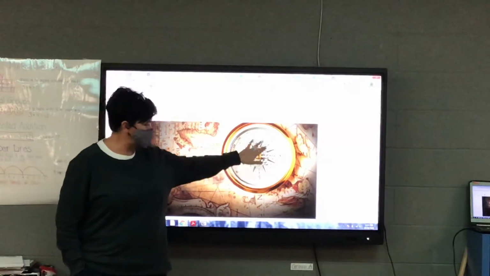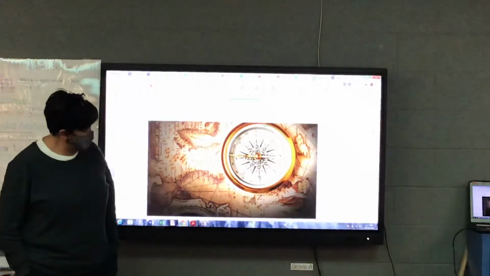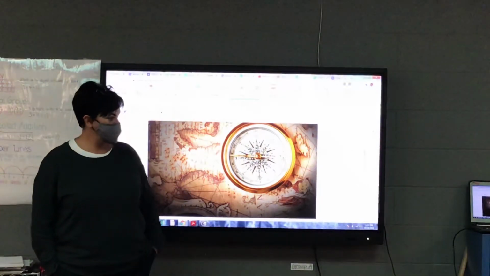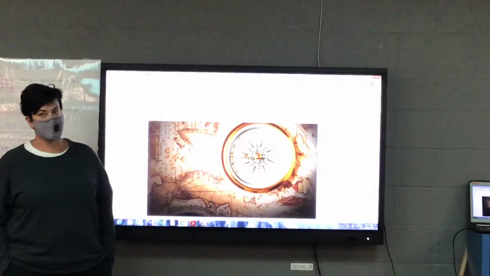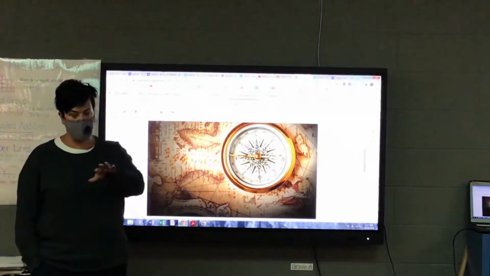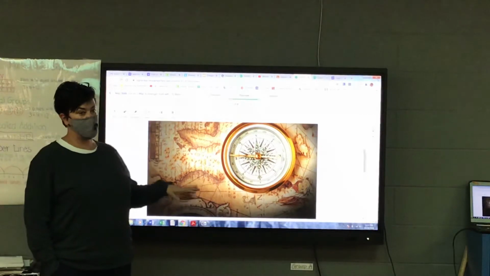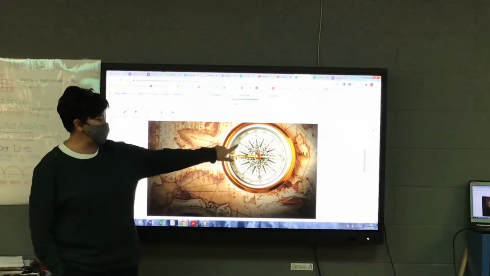It has all these cool little triangle things, doesn't it? It has like southeast, northeast, northwest, and southwest. Point on your screen, point to where southeast is. Do you see that right there?